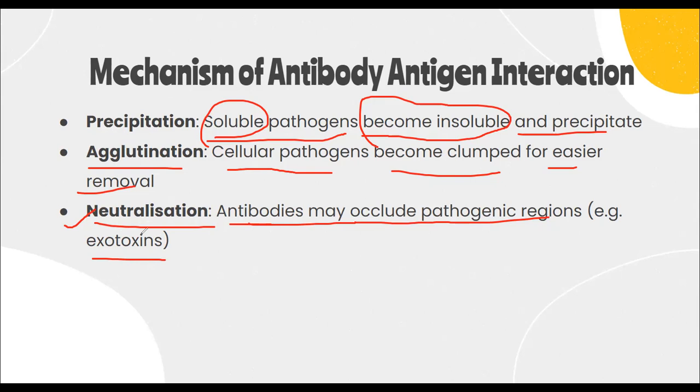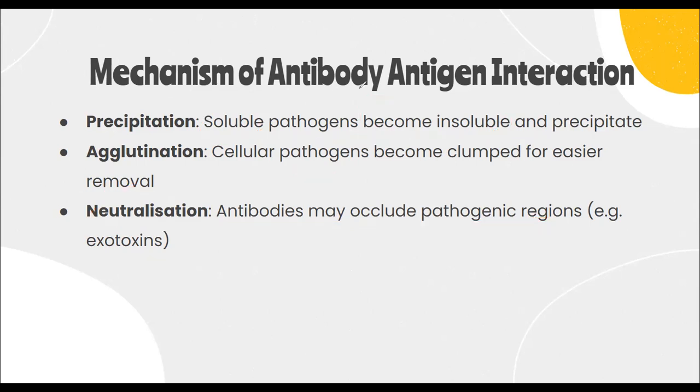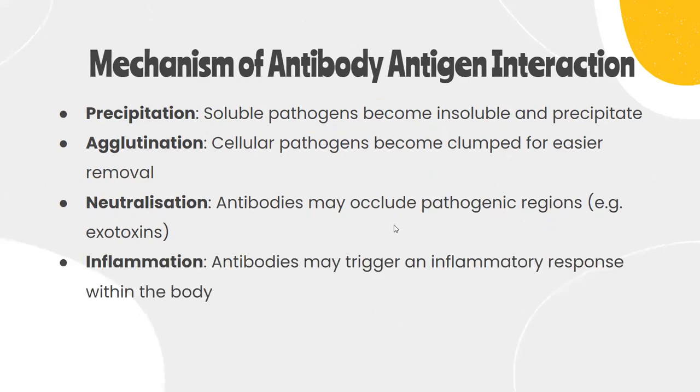They are no longer effective in binding to other healthy cells. So the antigen will become weak or inactivated. In this case, it will not be able to bind to any other healthy cell because the antibodies have neutralized the antigens.